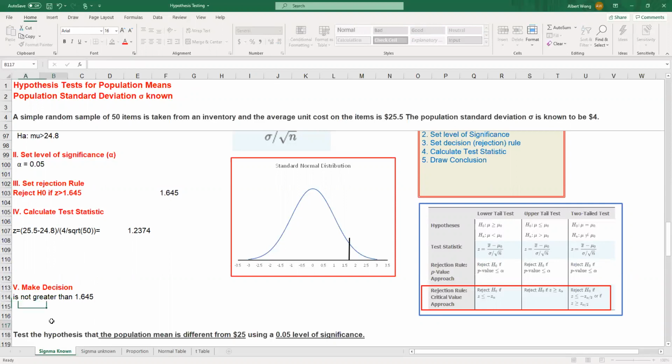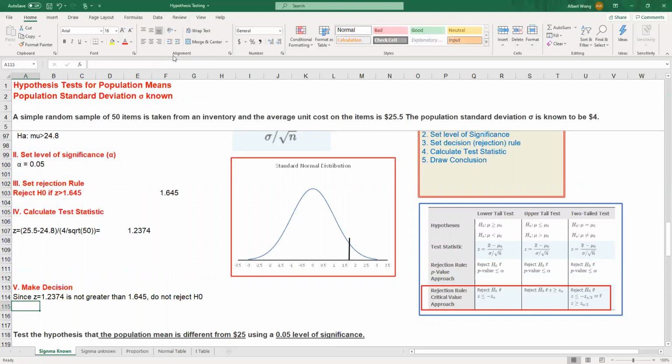So we say we do not reject. Since Z equal to 1.2374 is not greater than this, do not reject H0.